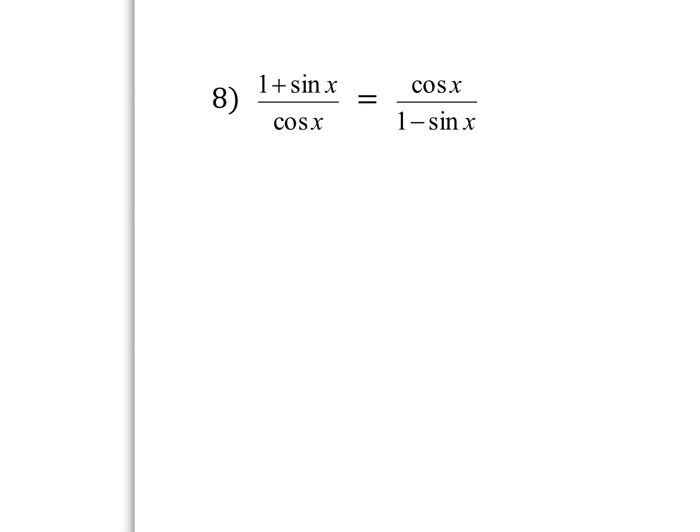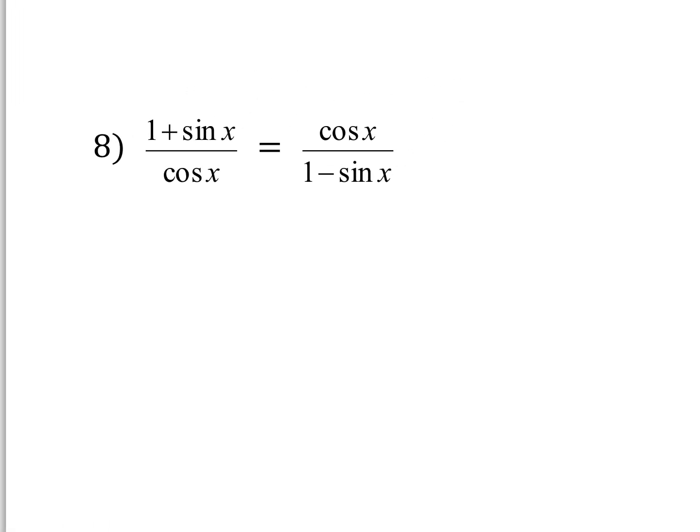This is like number 5. So more often than not, Sky, we want to look for the side that has the 1 plus the trig function or 1 minus the trig function in the denominator, and that's the side we're going to want to focus on. So that's why I was kind of hoping you were going to get to that. Okay, so yeah, let's multiply by 1 plus sine x over 1 plus sine x.